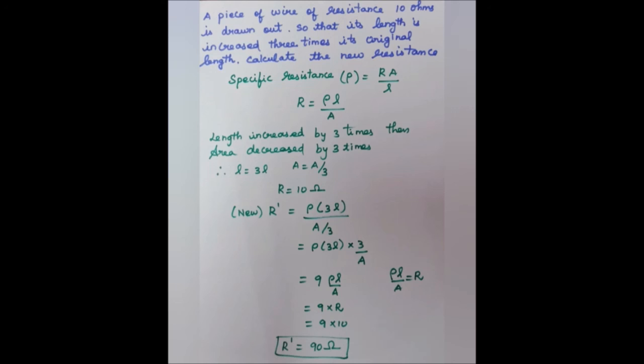In the denominator, A by 3 goes to the numerator as 3 by A. If you calculate 3 into 3, 9 into rho L by A. We know that rho L by A equals R. Therefore, 9 into R. The R value is given in the question as 10 ohms. Therefore, 9 into 10, that is 90 ohm. The new resistance is 90 ohms.